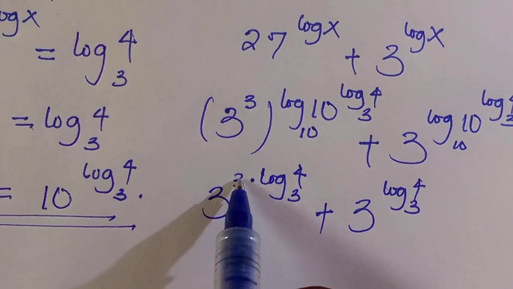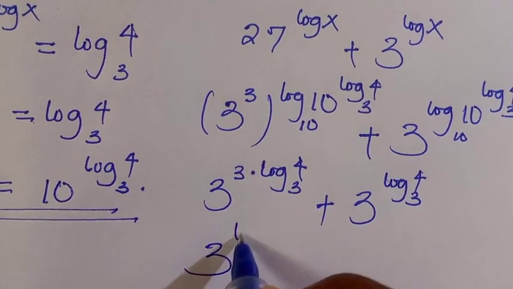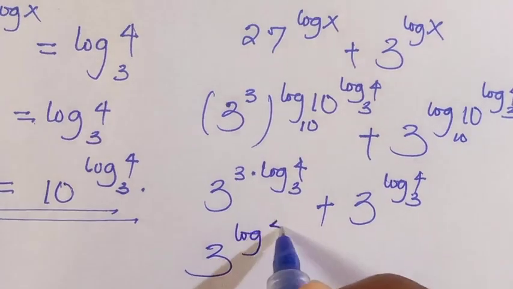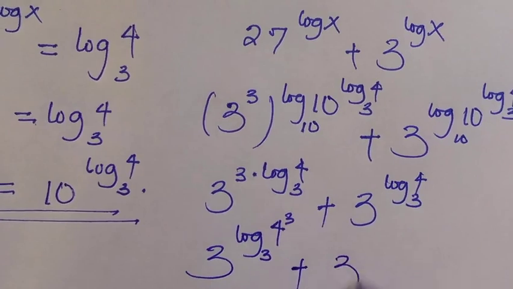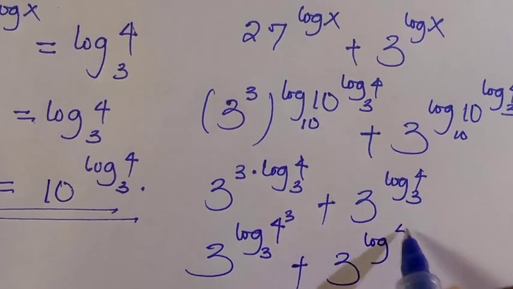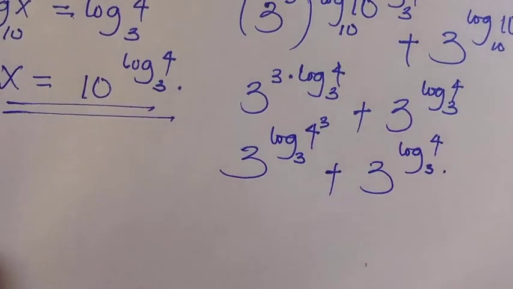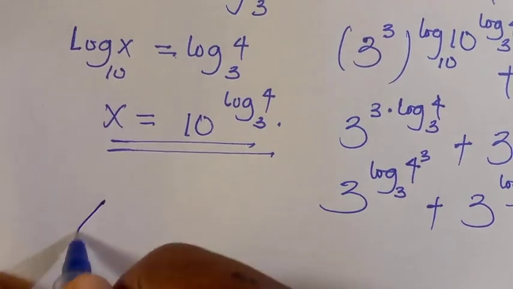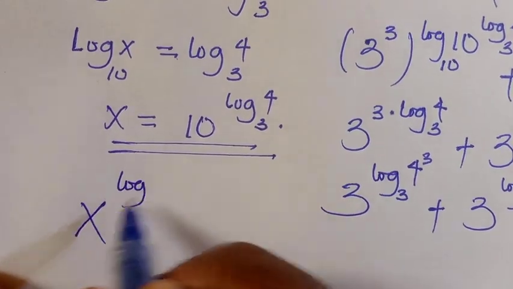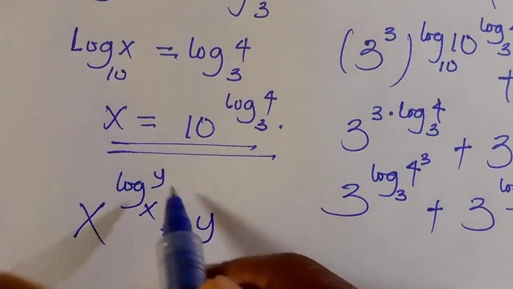So by taking this 3 to the power of 3 log 4 base 3, we have 3 to the power of log 4 raised to power 3 base 3, plus 3 to the power of log 4 base 3. I want us to know something here: if we have x to the power of log y base x, the result of this is y.